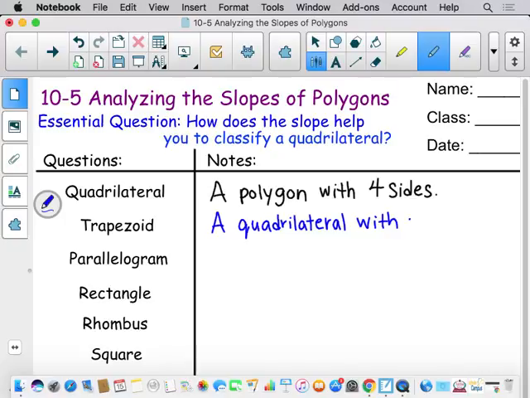So a quadrilateral with one pair of parallel sides. So a trapezoid looks something like this, where there's one pair of sides that are parallel.